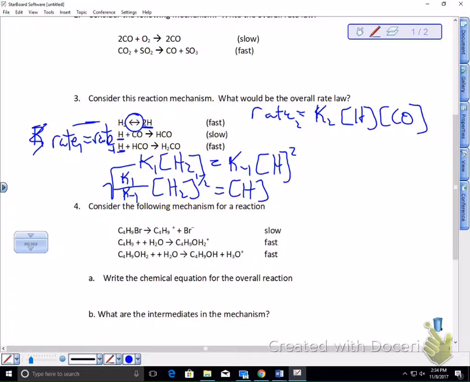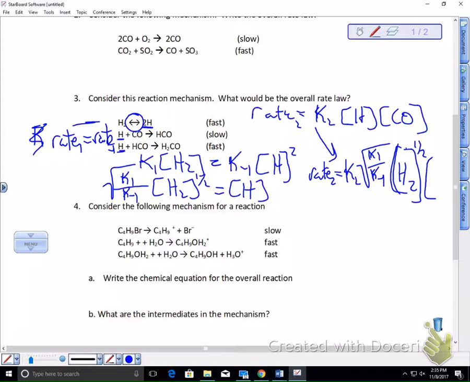Now I can come over here and plug that in for my rate law. So the rate 2 will be k2 times the square root of k1 over k-1 times the concentration of H2 to the 1/2 power, and then we'll have our CO in there to the first order.